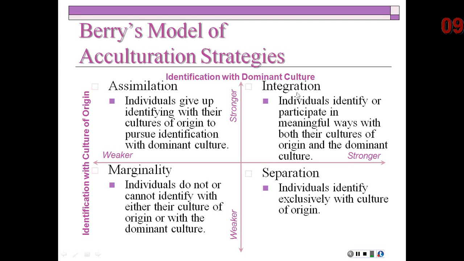For identification with dominant culture, stronger is on the top, weaker is on the bottom, right? So separation, for example, what Berry calls separation means individuals identify exclusively with their own culture of origin. So they're on the strong side of their own culture of origin, and on the weak side of their identification with the dominant culture.